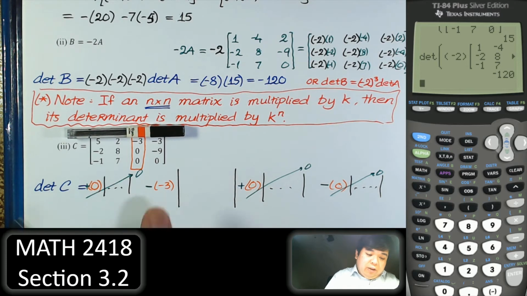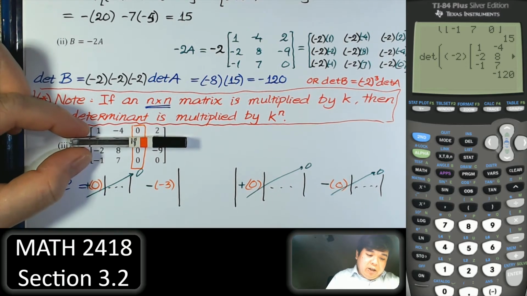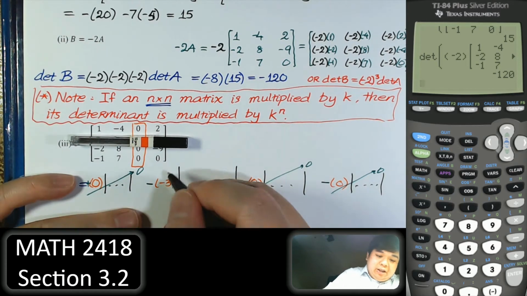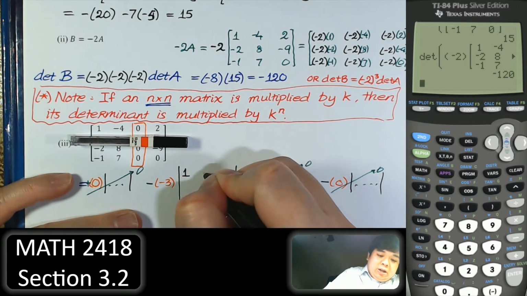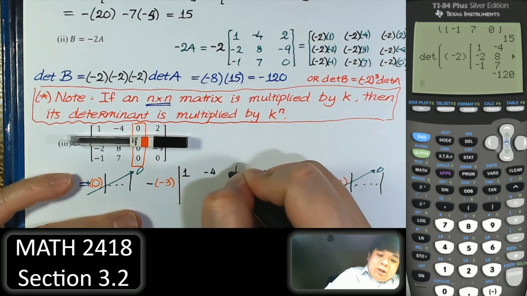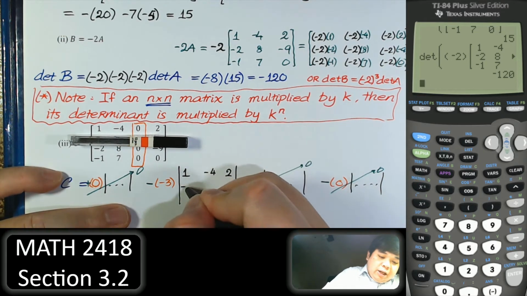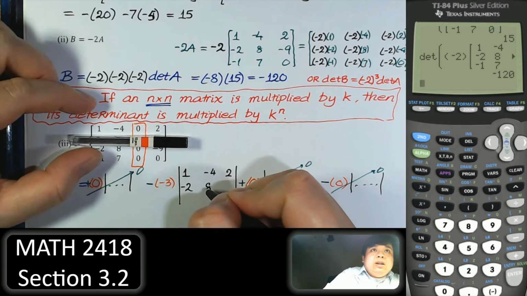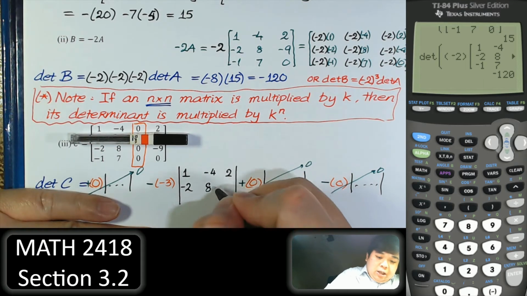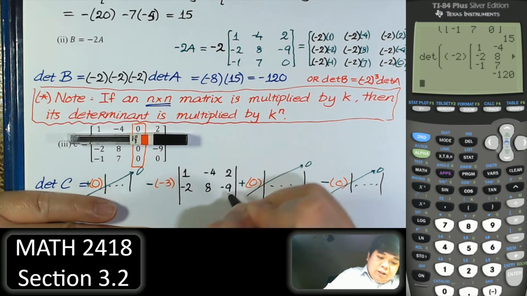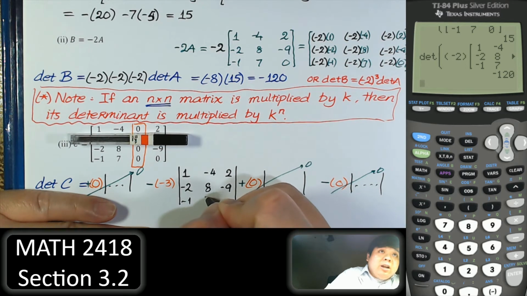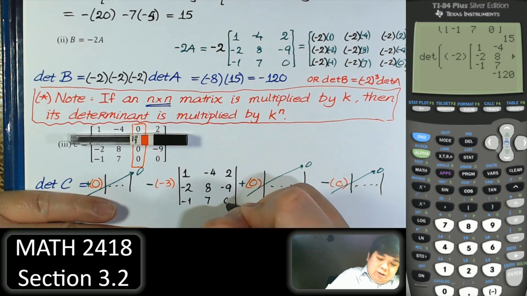But for -3, let's just go over the row and the column of -3. What do we have here? 1, -4, and 2, -2, 8, and -9, -1, 7, and 0.